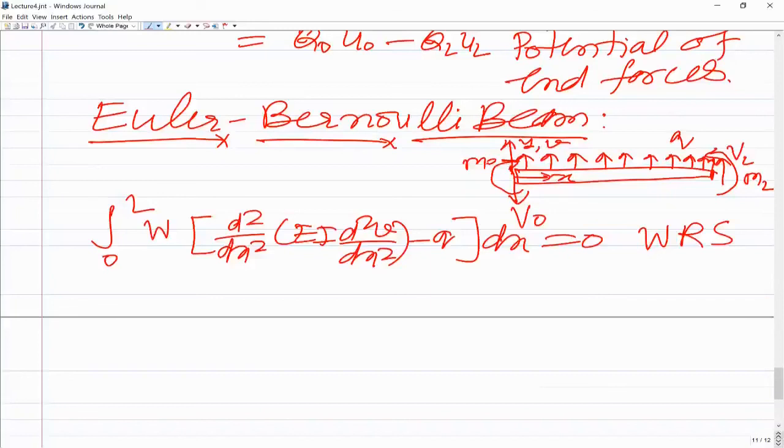For this we have already derived the weak form. The weak form for this problem is obtained by carrying out the integration by parts twice.